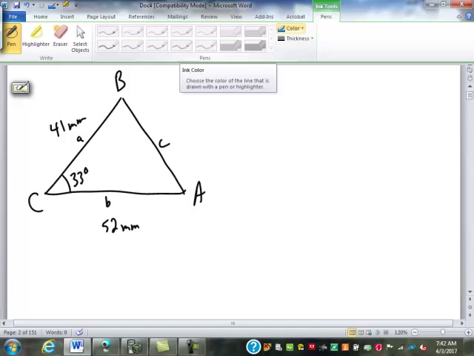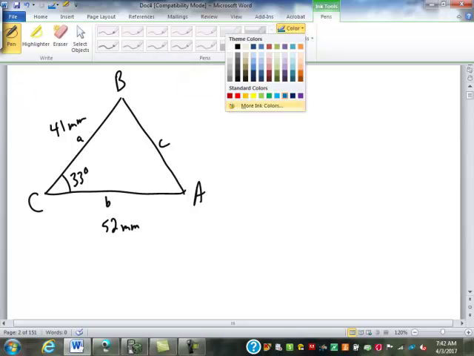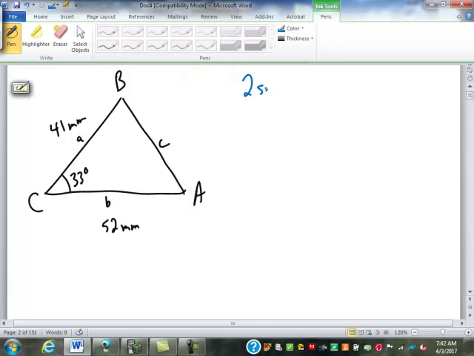So now here is another case where we have two sides and one angle. So we've got to check, is the side opposite the angle the smaller or larger of the two sides? We don't have the side opposite the angle here, do we?